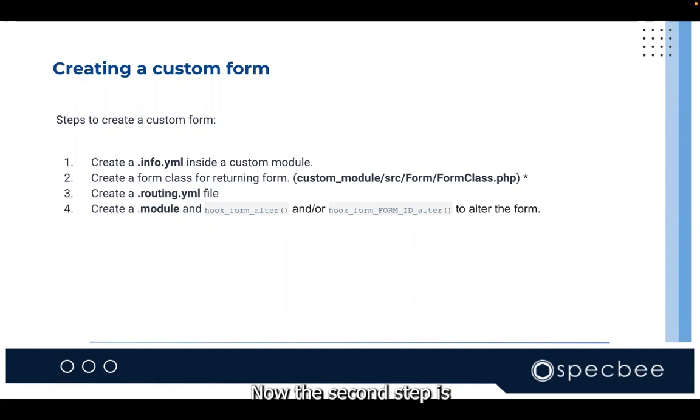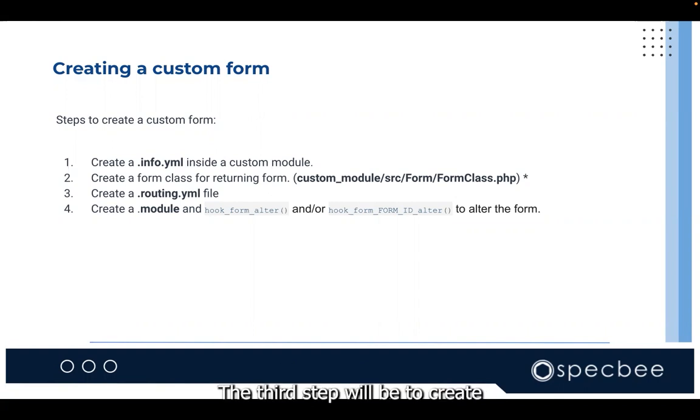Now the second step is to create a form class, which will be returning a structured form array. The directory of this form class will be inside the module's src/Form folder. The class name, if I say FormClass is the class name of the form, then the file name should also be FormClass.php.